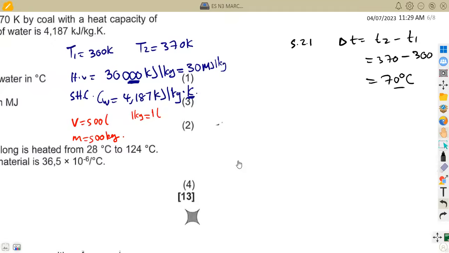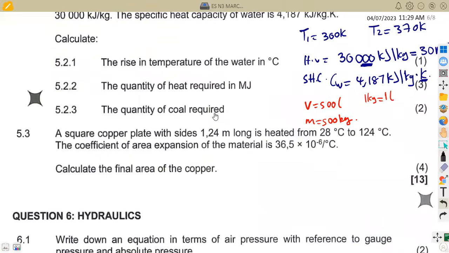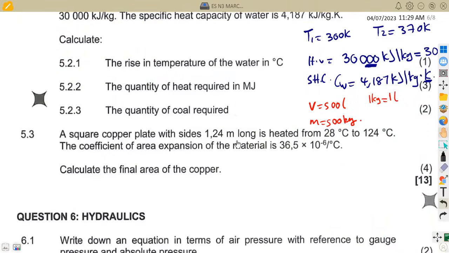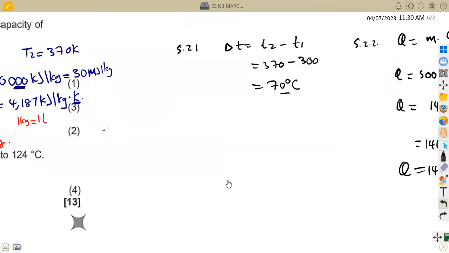All right, let's check the other part, the quantity of coal required, which means the amount of coal that is required. So remember, we are given the heat value for coal, and we also have the energy that was being used. So we can calculate the mass from there. All right, so that's 5.23 in this case.